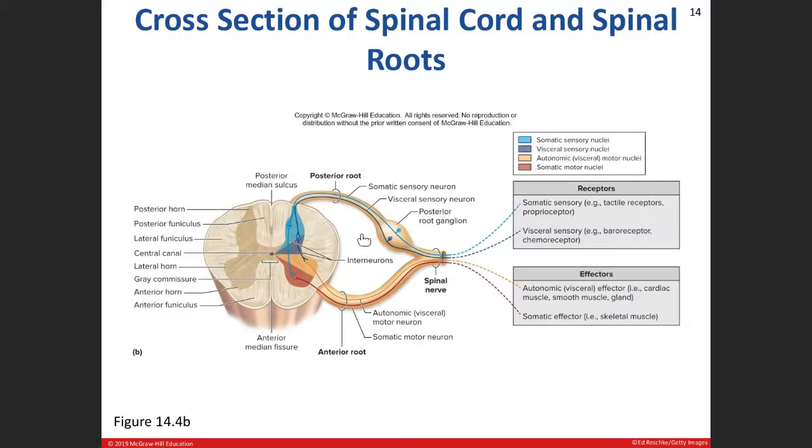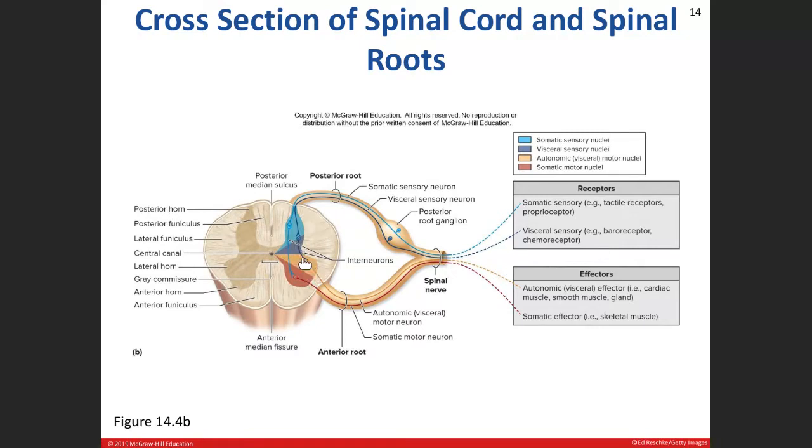Okay? So these colors are telling you blue, I think that's purple, orange, red. That's showing you where the nuclei are. So as we get into the posterior horn here, you got your somatic sensory. In the more anterior portion of the posterior horn, your visceral sensory nuclei are going to be located there.